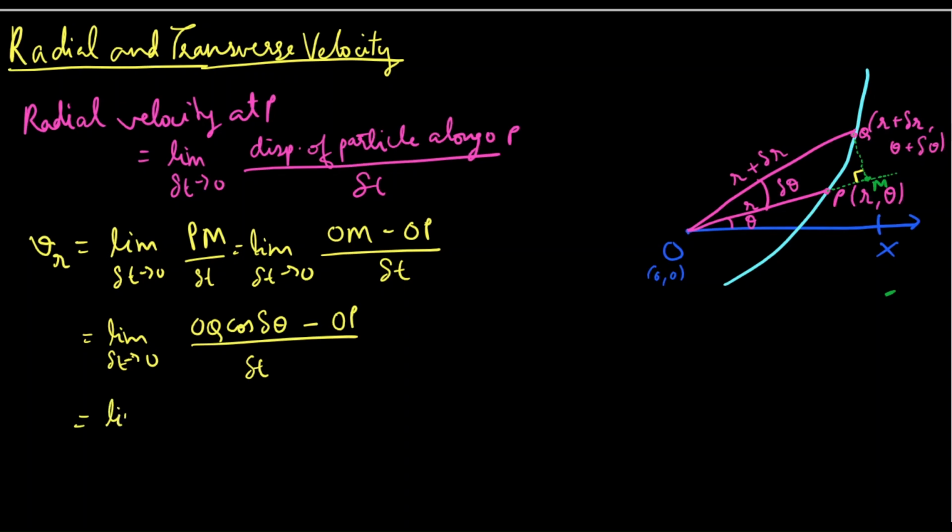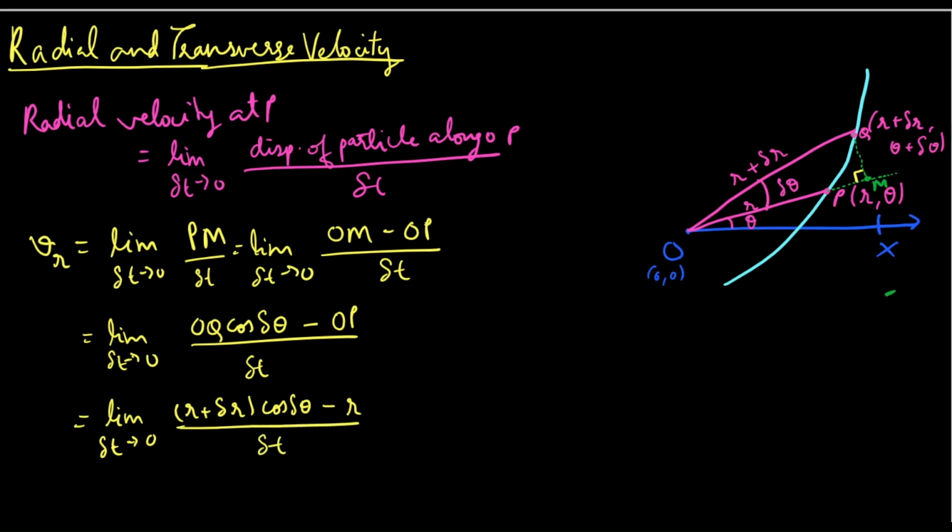So Vr becomes equal to limit del t tends to 0. OQ is equal to r plus delta r. We can see this in the figure, and let cos del theta be there, and OP is equal to r, whole upon delta t.